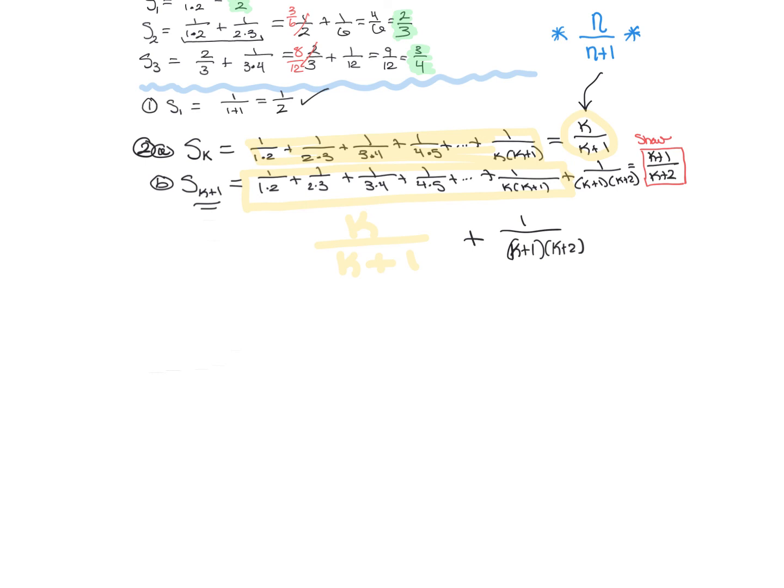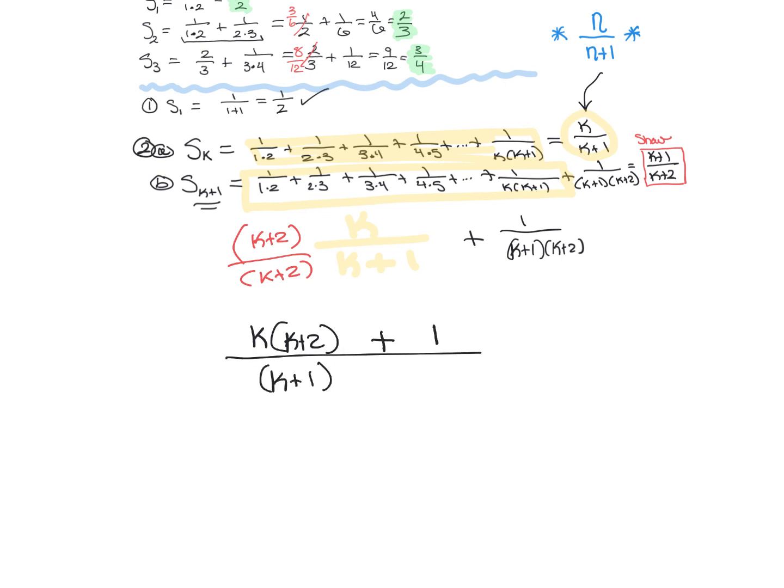So if I want to add these two fractions, I need to multiply this one by k plus 2 over k plus 2. So you're going to get k plus 2 times k, plus 1, over k plus 1 times k plus 2. Up top, you're going to get a k squared plus a 2k plus a 1, over k plus 1 times k plus 2.